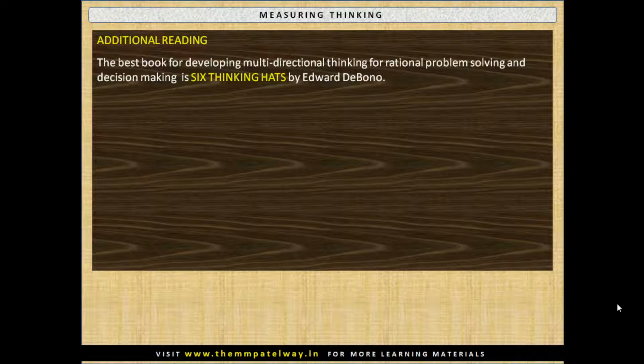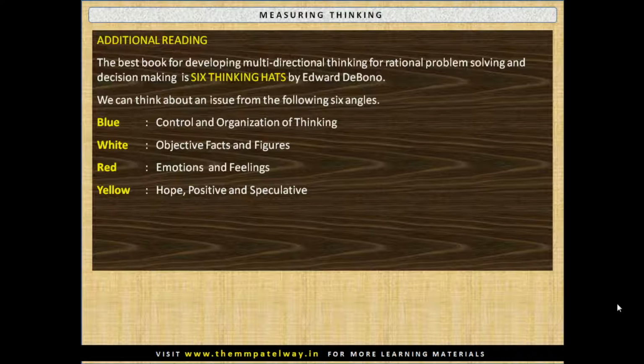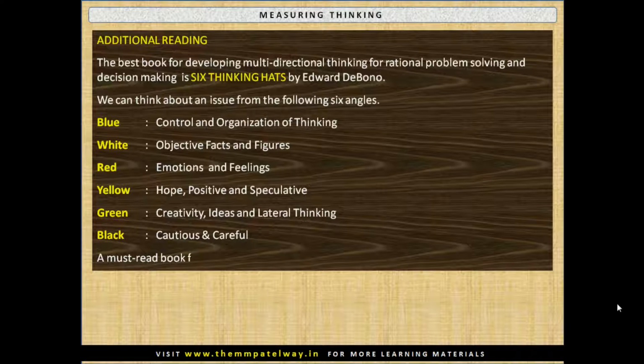We can think about an issue from the following 6 angles: blue hat, control and organization of thinking; white hat, objective facts and figures; red hat, emotions and feelings; yellow hat, hope, positive and speculative; green hat, creativity, ideas and lateral thinking; and black hat, cautious and careful. This is a must-read book for all.